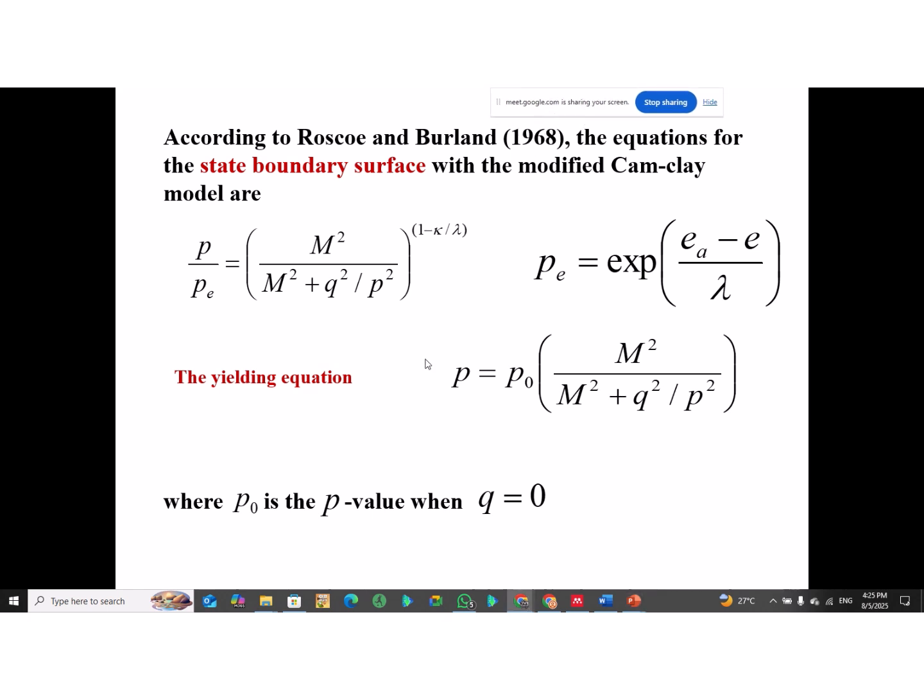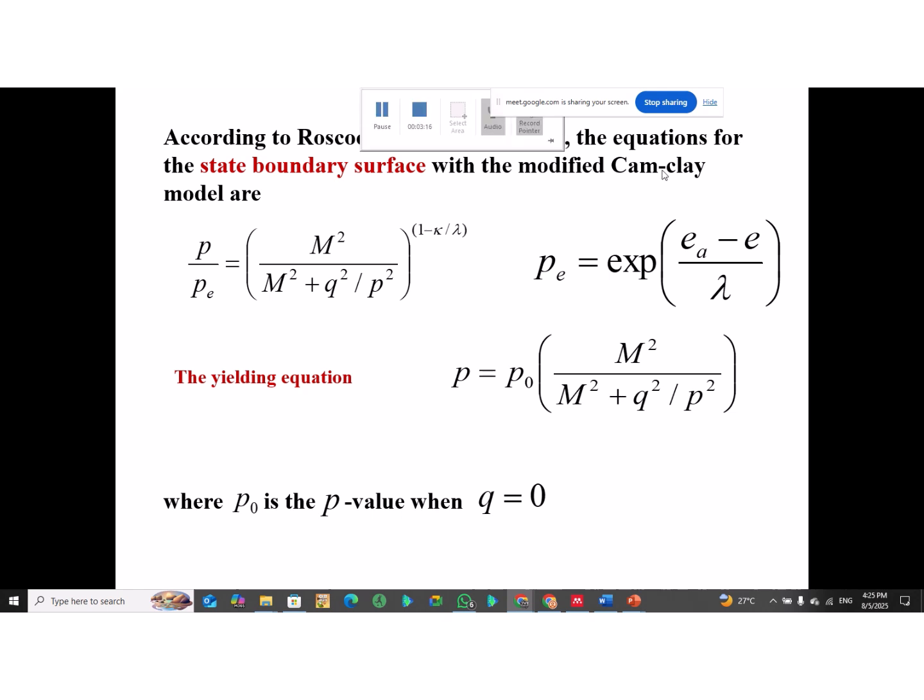Based on what we have described, these two authors, Roscoe and Burland, in 1968, have the equations for the state boundary surface. This has been used to describe what initially was called the Chemclay model, one of the models in Plaxis.